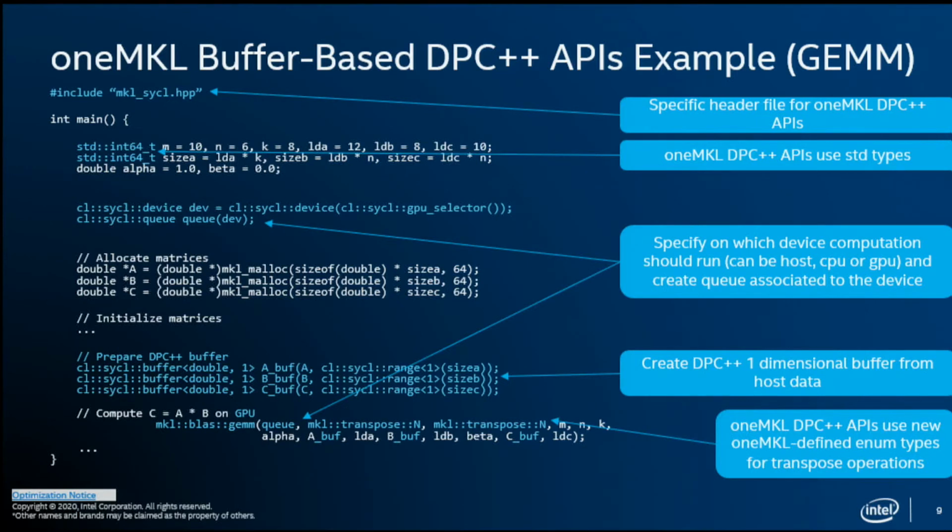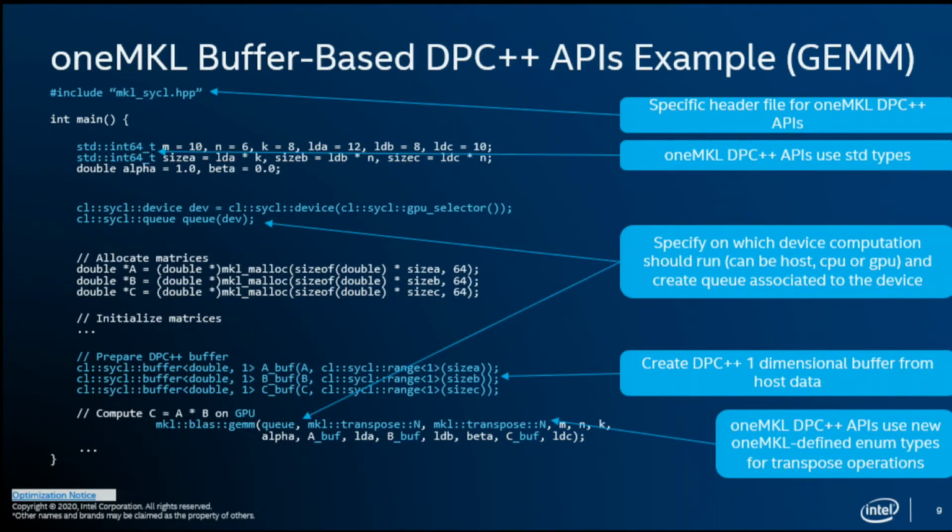GEMM is part of BLAS, so it's in the blas namespace. And for GEMM, we drop the character specifying the precision and do overloading based on the data types. As we said before, you take the queue as the first parameter, and we also have oneMKL-defined enum types for the transpose operations, similarly for side, uplo, and so forth.